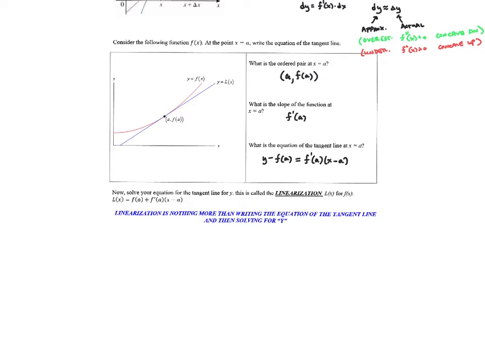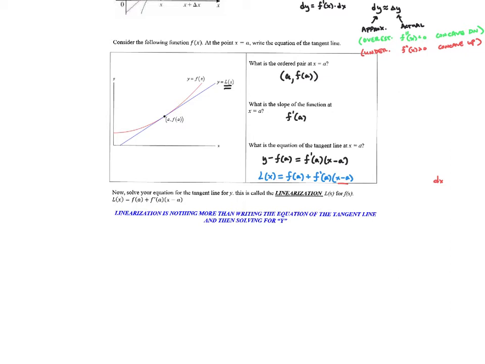Okay, so let's solve for y, and I'm actually going to call y this L of x thing. Okay, so here's L of x. L of x will equal f at a plus f prime at a times x minus a. Okay, so what does this kind of look like to you? What does that look like? dx.